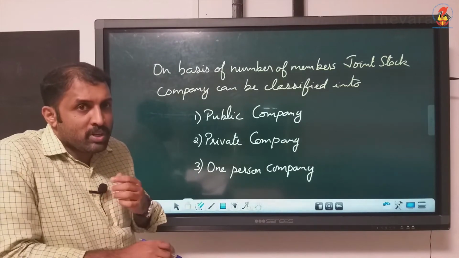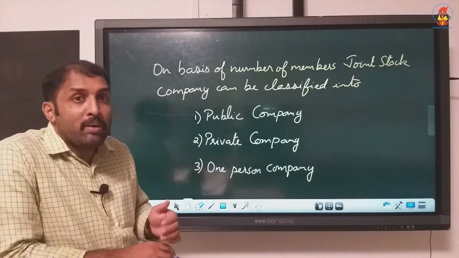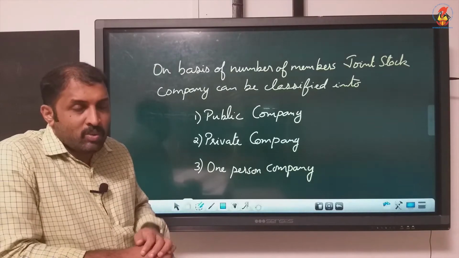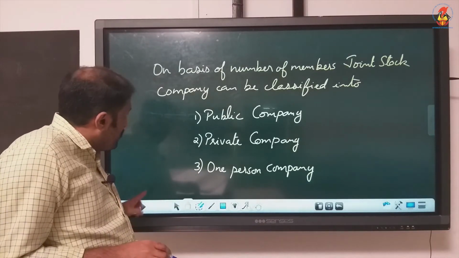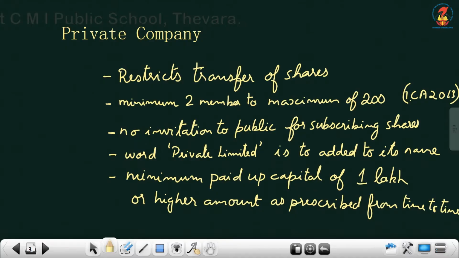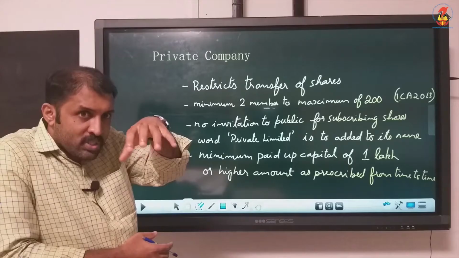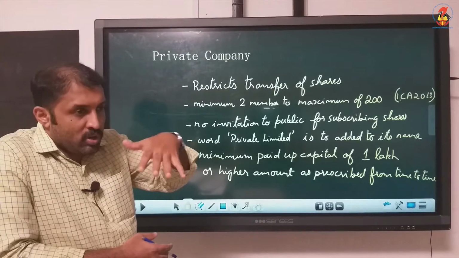It is always better to learn what a private company is first. The name itself says it. A private company is that type of joint stock company which restricts the transfer of shares. That means the members will be of a private group, consisting of some persons who are very close relatives or friends.